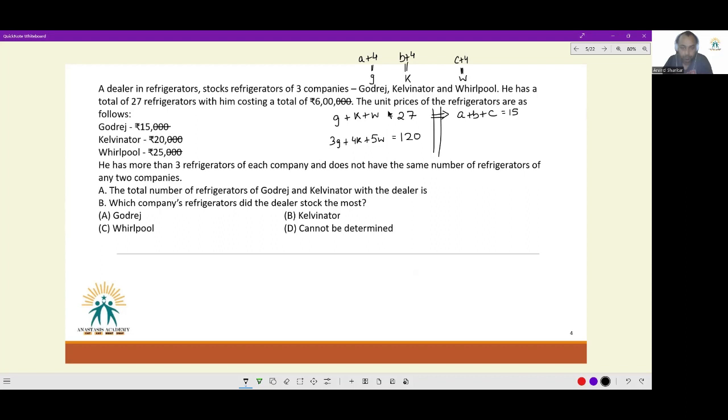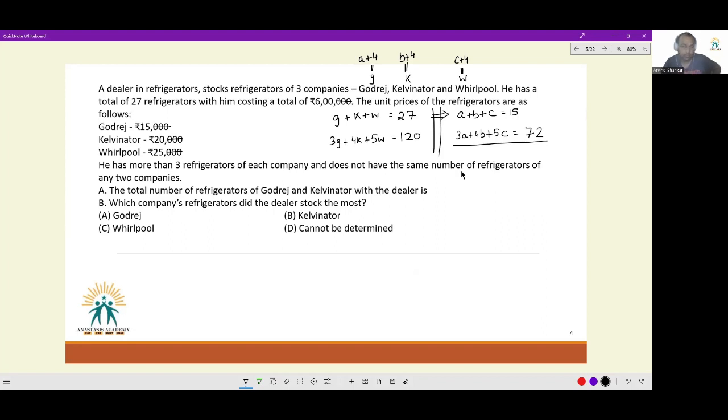Then 3 times A plus 4, I can write it straight away: 3A plus 4B plus 5C. Now 3 into 4 is 12. 4 into 4 is 16. 5 into 4 is 20. 12 plus 16 plus 20 is 48. 120 minus 48 is 72.